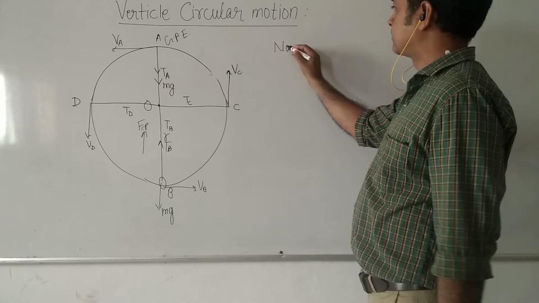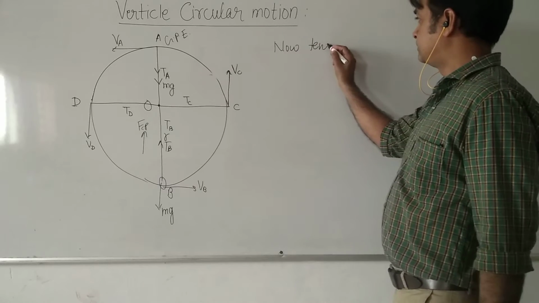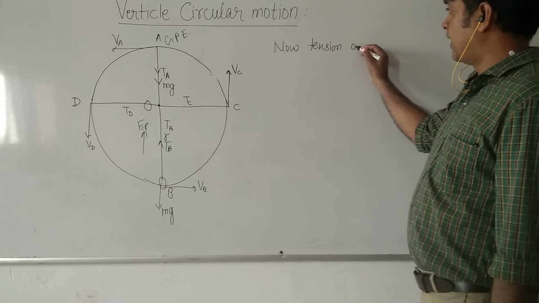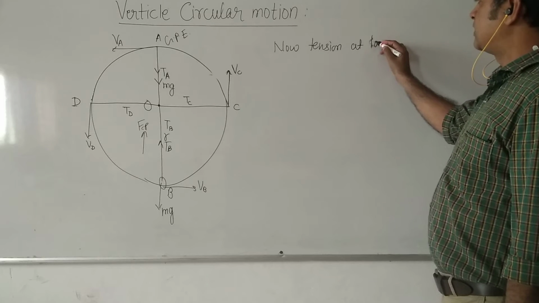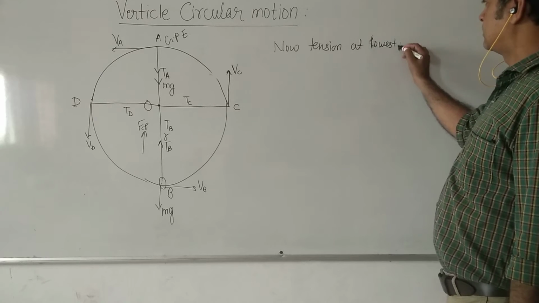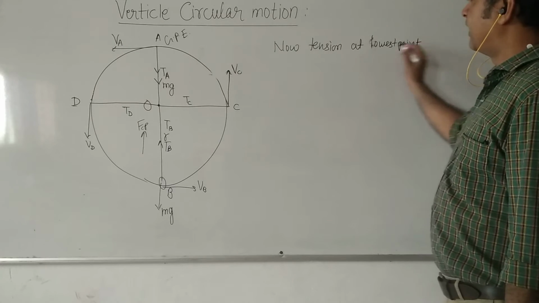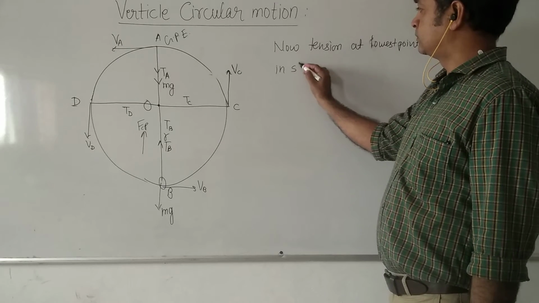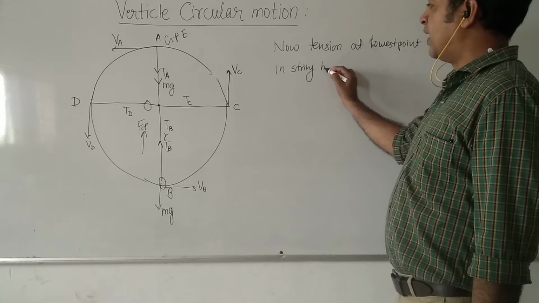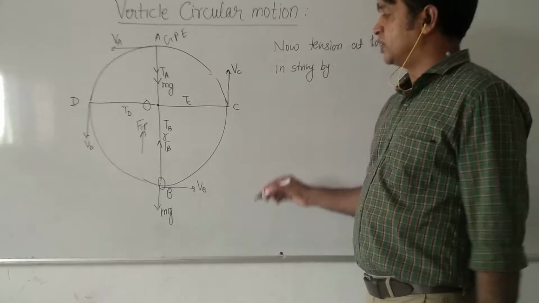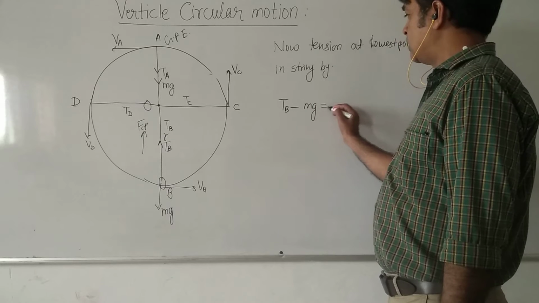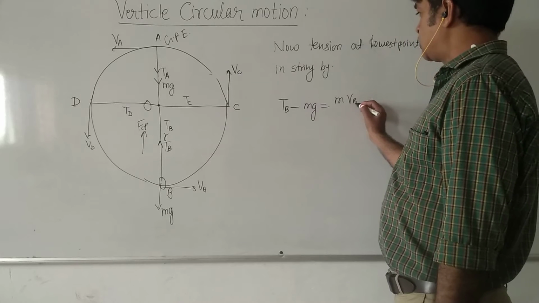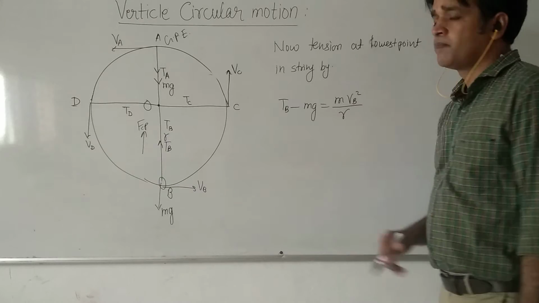Now, tension at lowest point in string. By the earlier equation, Tb minus mg equals m Vb square upon r.